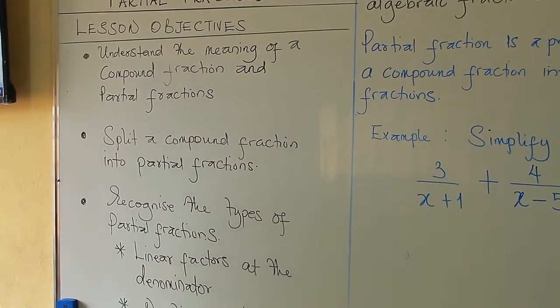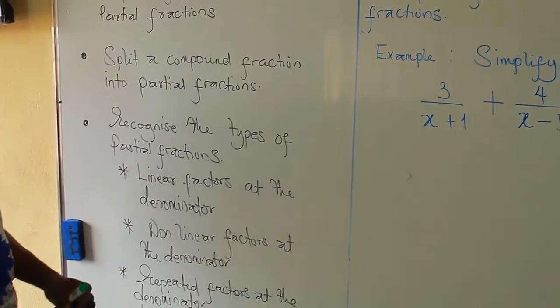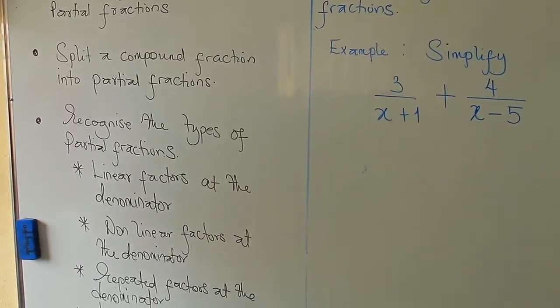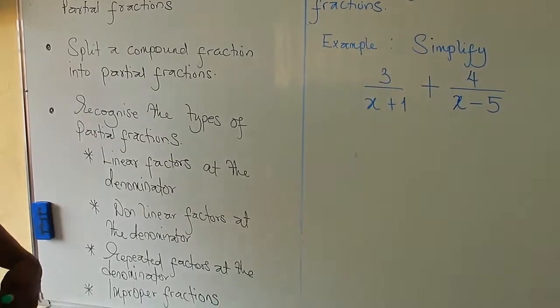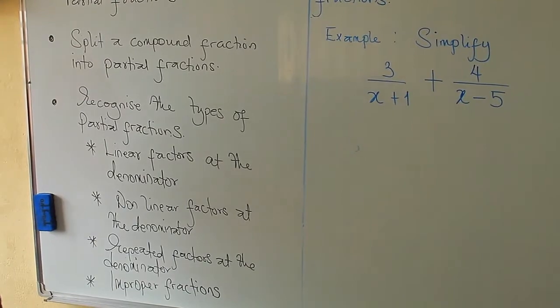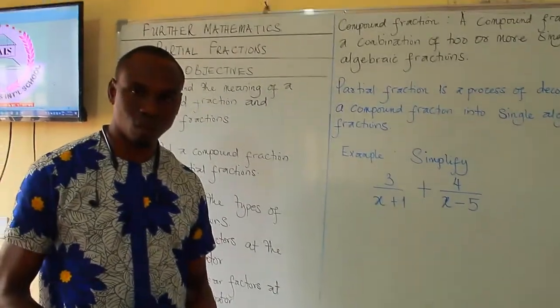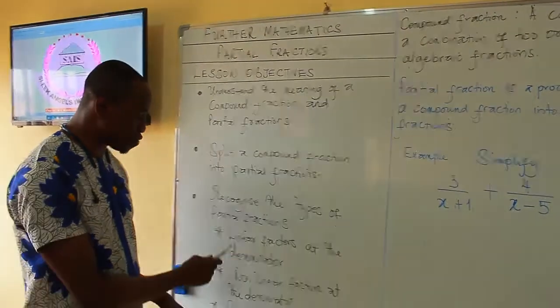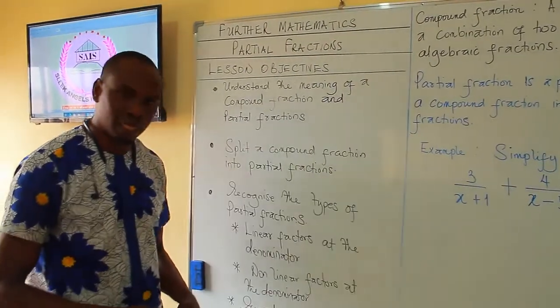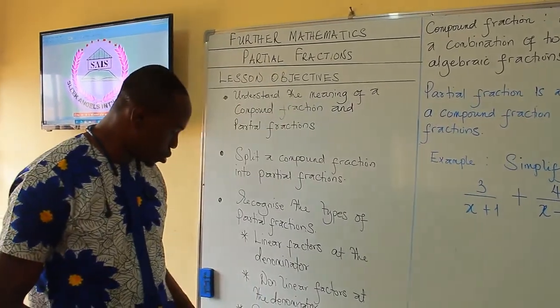We have about 4 types of partial fractions, and they are linear factors at the denominator, non-linear factors at the denominator, repeated factors at the denominator, and improper fractions. In today's class, we will concentrate first on 2 of the types of partial fractions, and then in our subsequent class we will solve the other 2.